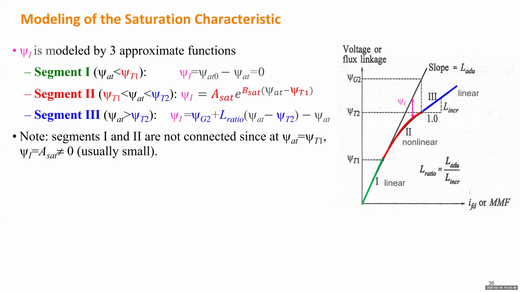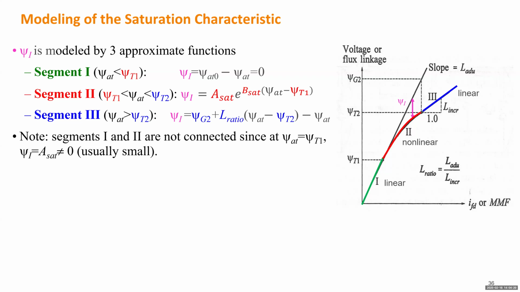Please note segments 1 and 2 in this model are not connected, because you can plug in this point and calculate the value using the equation of the second segment. So you let psi AT in the second equation be psi T1, and you will notice that the gap is not 0.